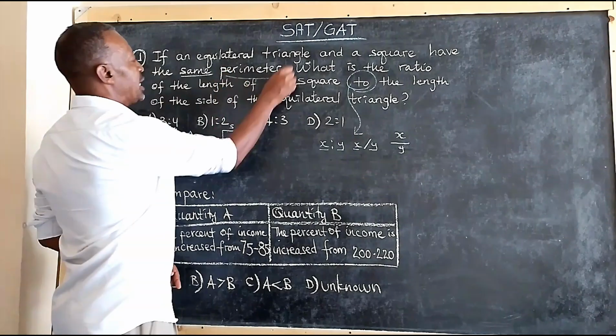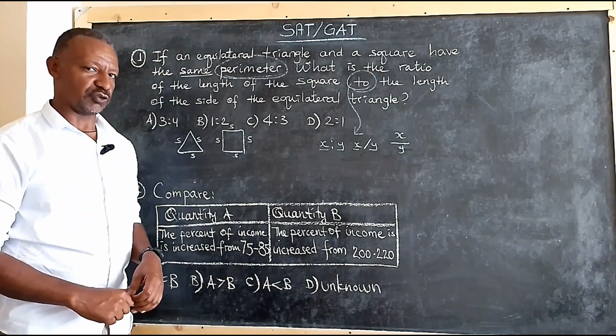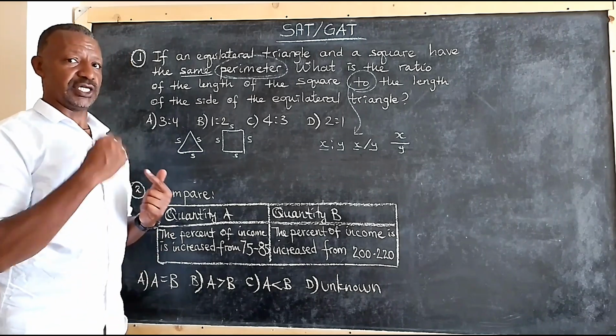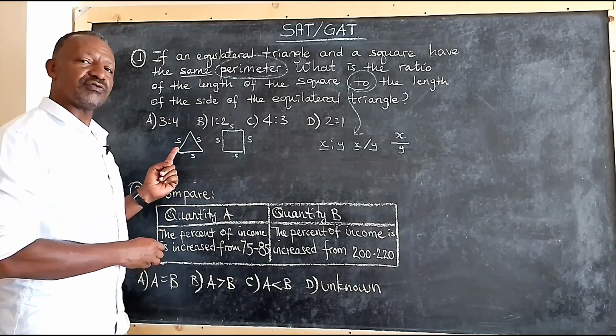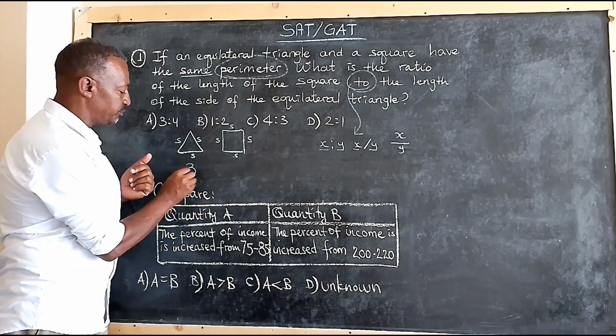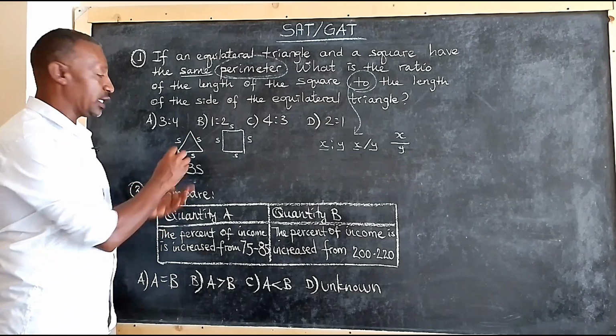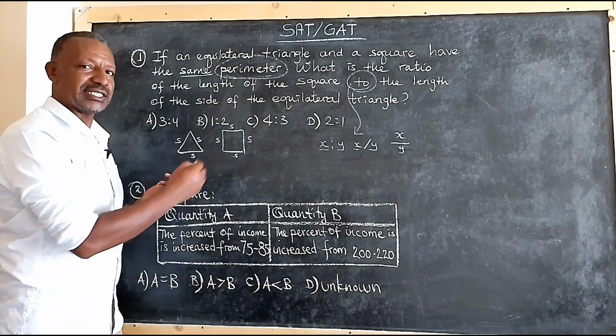What's the difference between perimeter and area? Area is not the same as perimeter. Perimeter means the surrounding. For example, if you find the perimeter of this triangle, it's going to be 3s. You add this side, and this one, and you get the perimeter of the equilateral triangle.